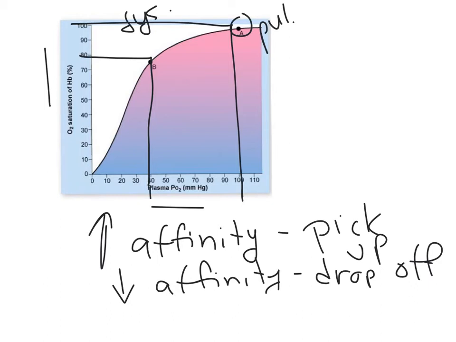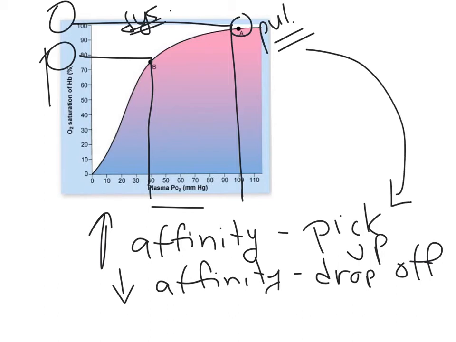So what we just said is that the pulmonary has a higher affinity than the systemic. So the pulmonary wants to pick up the oxygen, whereas the systemic is going to tend to drop off the oxygen. Does this make sense?